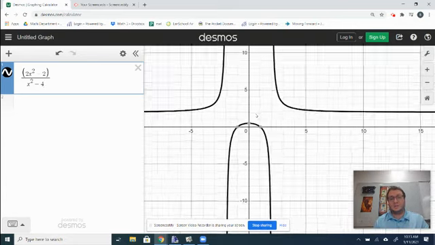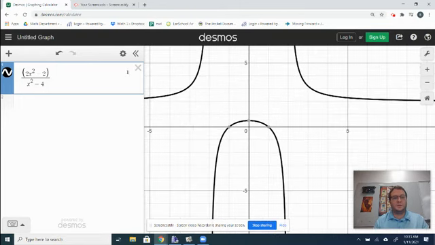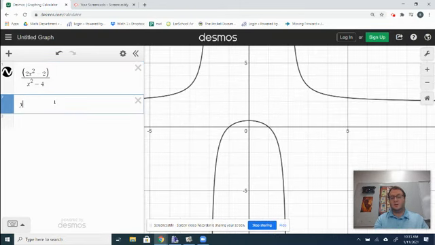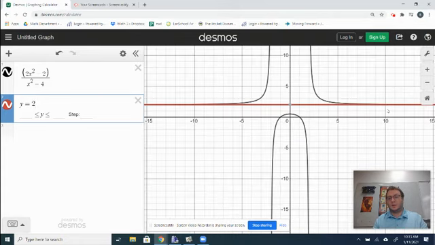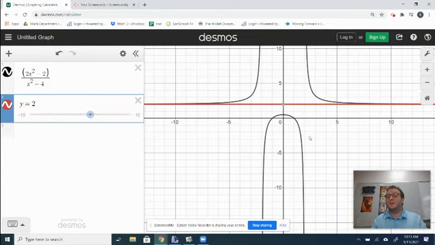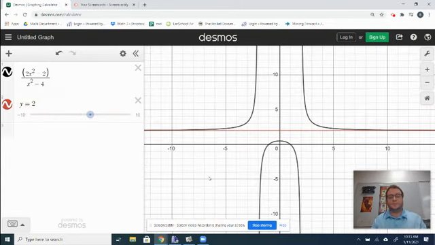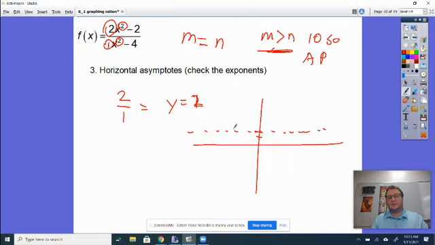That kind of makes sense. Let's put a line there and just double check. Y equals 2. And again, it kind of looks like it gets close to that, but never quite touches it. And if I zoom out then zoom in enough, that's what it'll look like. Okay, so I've got that asymptote.